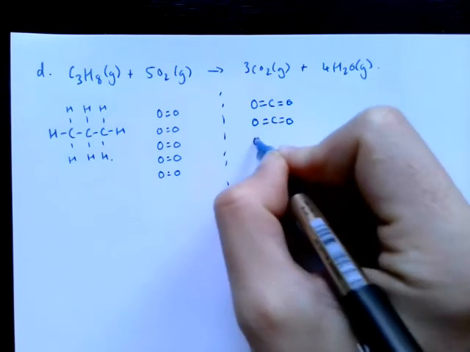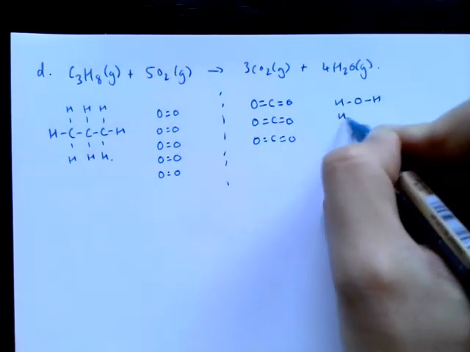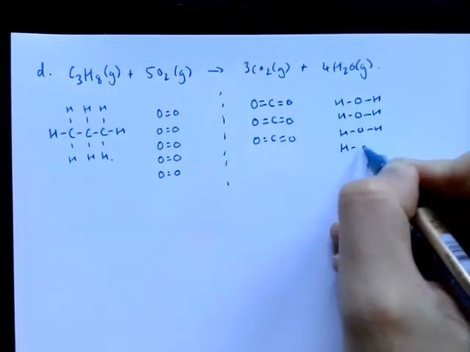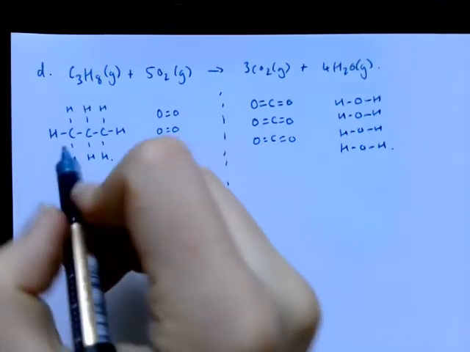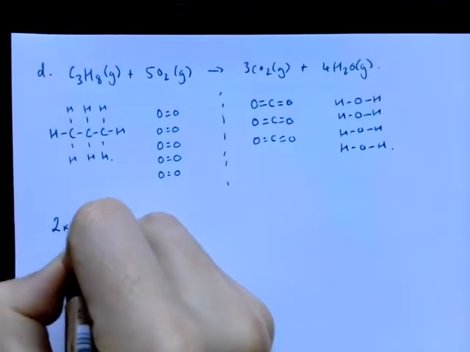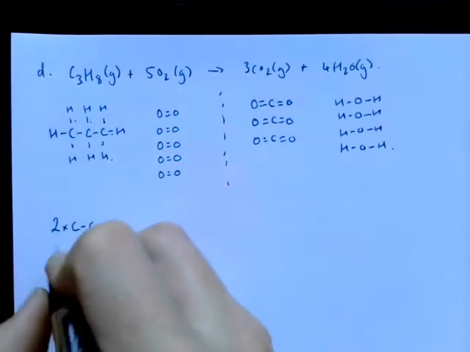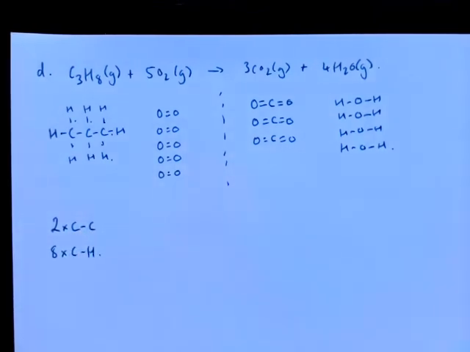All right, so I've got it all drawn out. Quite a lot going on now. So let's have a look. Over here I've got 2 carbon-carbon single bonds, 2 times C-C. I've got 8 times C-H. So this is where you need to be really careful that you don't miss any bonds.